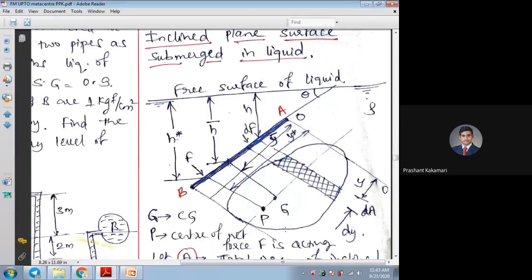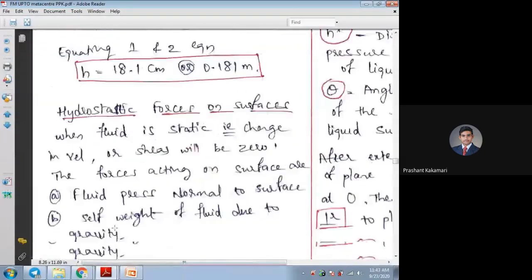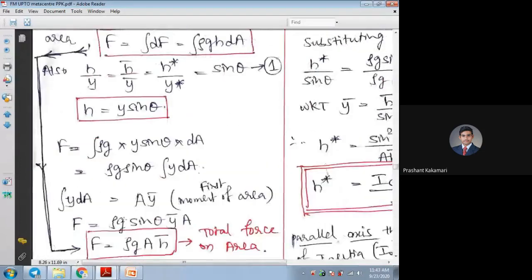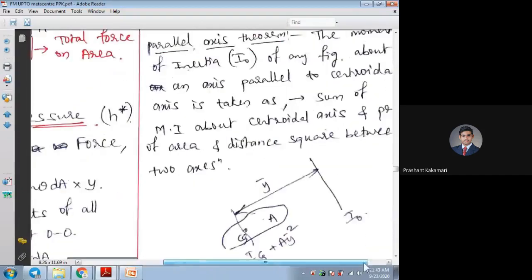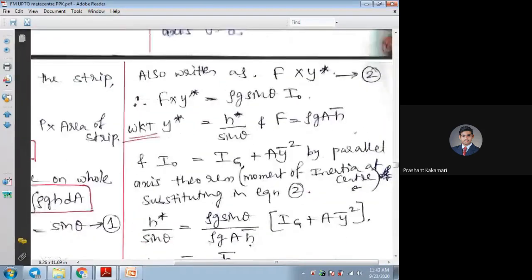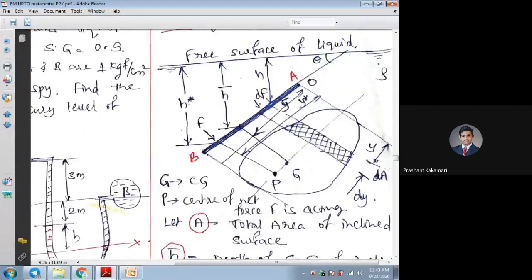Even if I take the moment about this point A, what can I write? I can write F into y, or dF into y. Again, if I consider dF, I have to integrate. We are taking dF for a small area, the small strip in the sketch, and the distance from the small strip to O is small y, so y into dF.